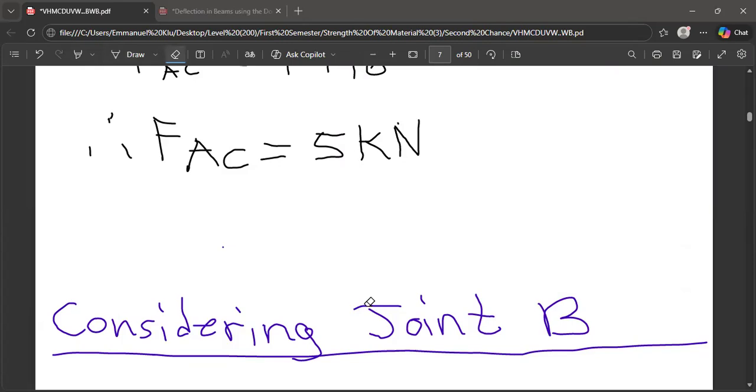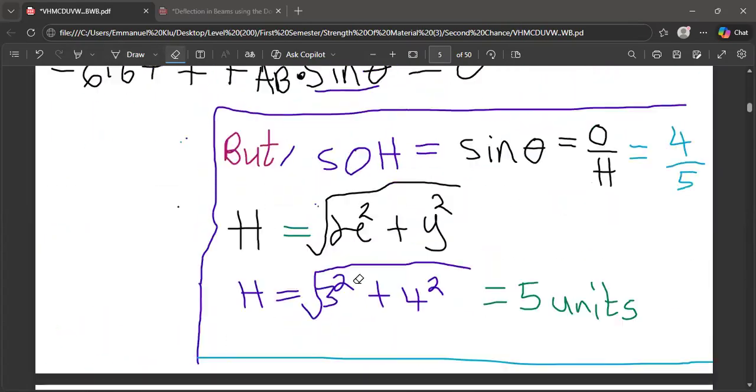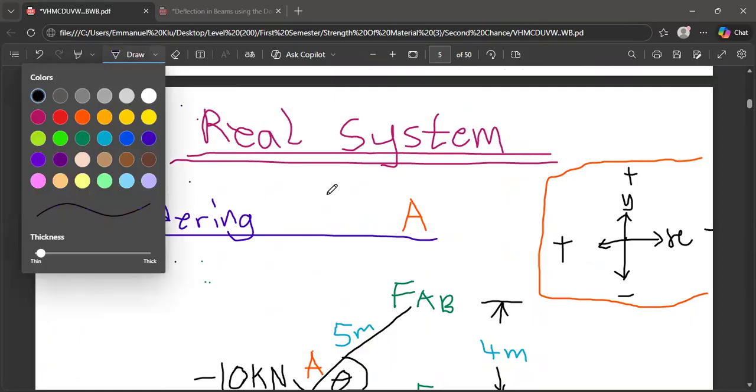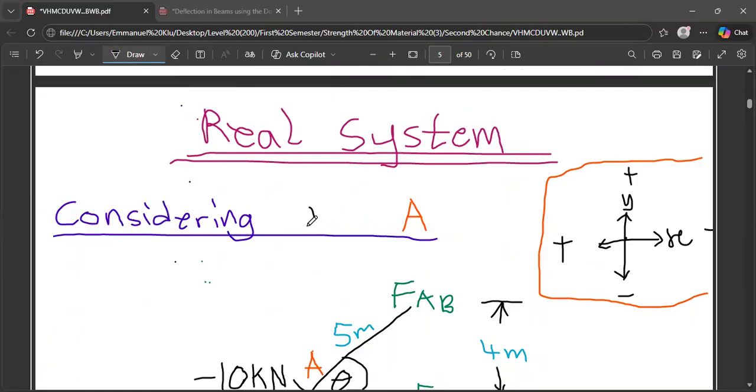Not just any joint, but to make it look more professional, I want to change color pen and then write it in so that at least everyone can know what we are talking about. So this is the joint.